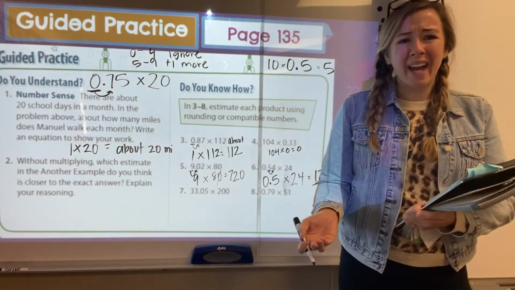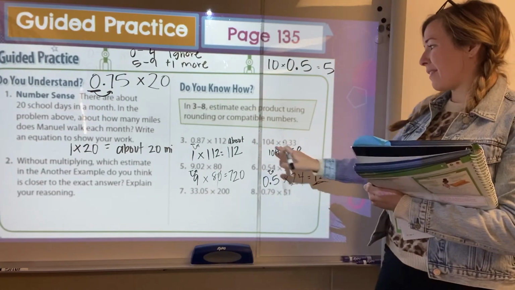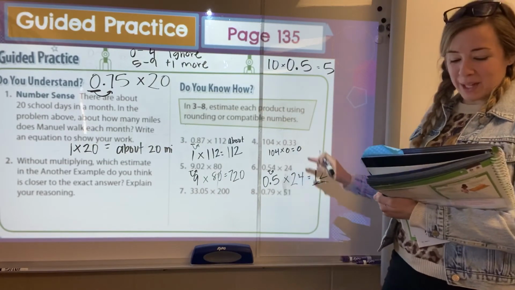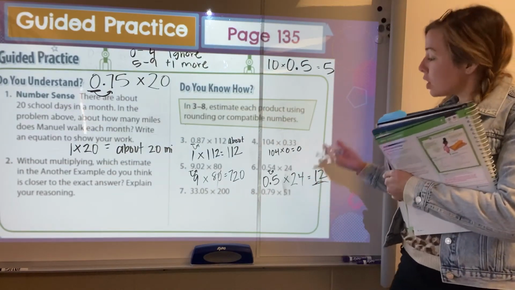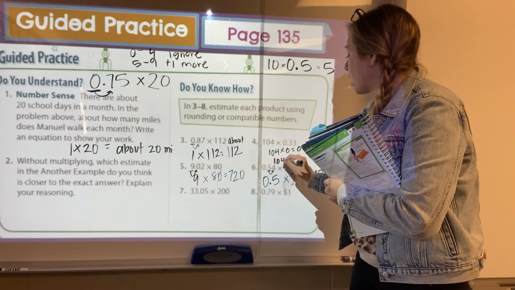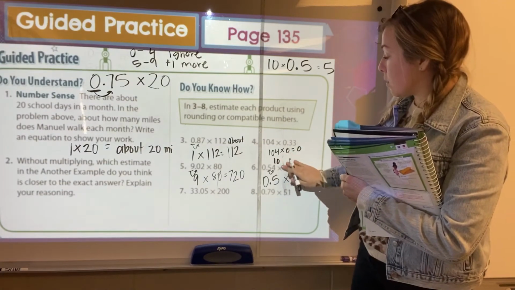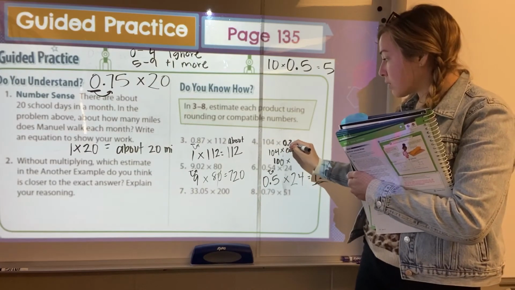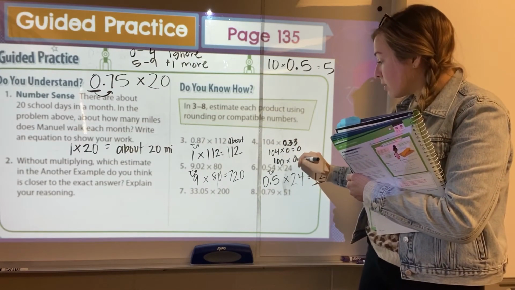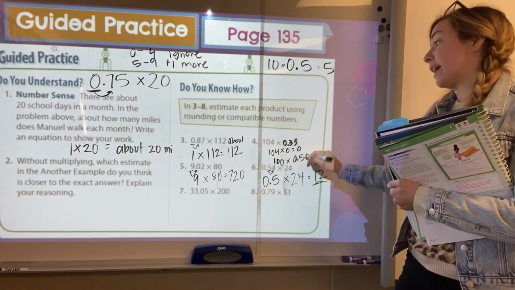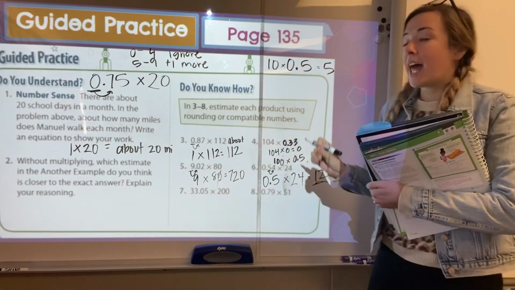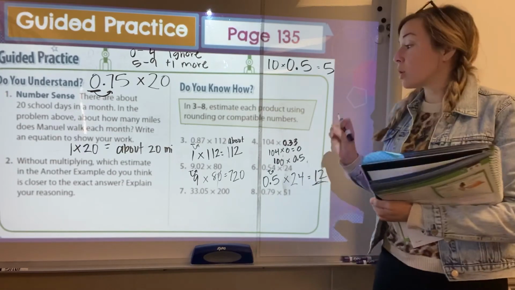Well, that's not a very accurate guess because if I took 104 times actually 33 hundredths, I wouldn't get something close to 0. Now, what we could try is 104, or even I could just round down and do 100 times, instead of 33 hundredths, 50 hundredths or 5/10. Remember, those are equivalent decimals. And I'm going to get a closer answer.